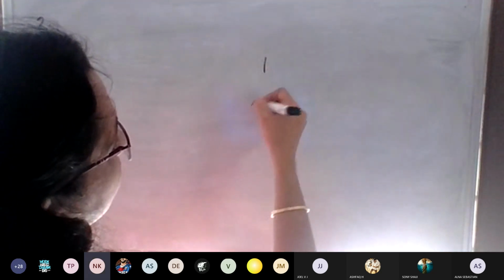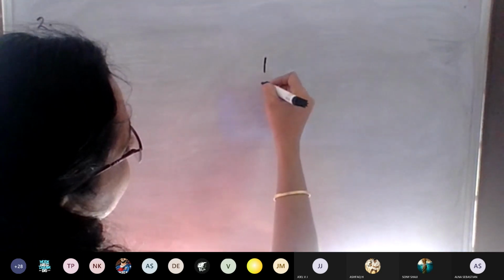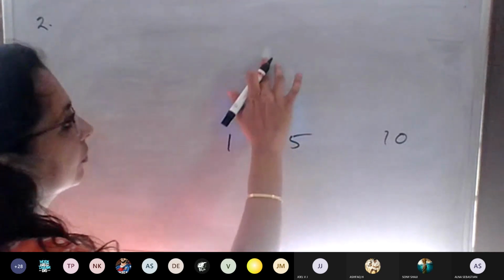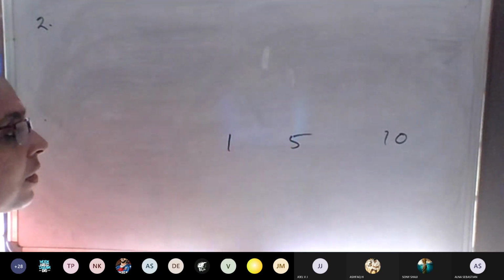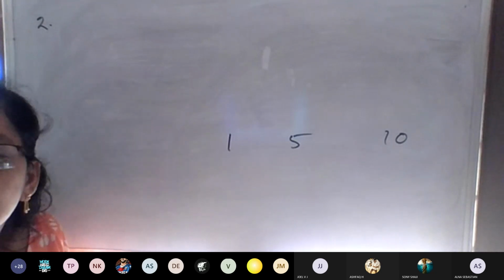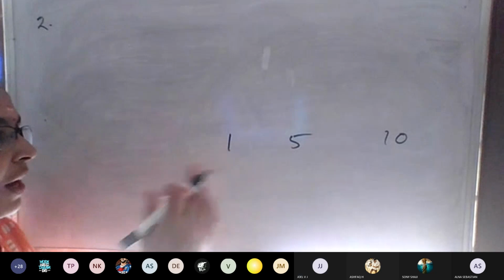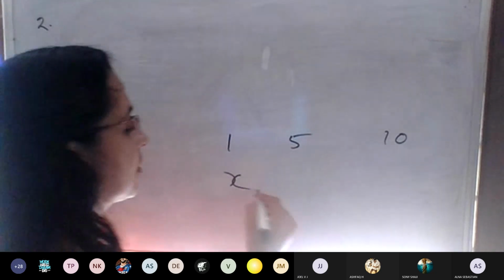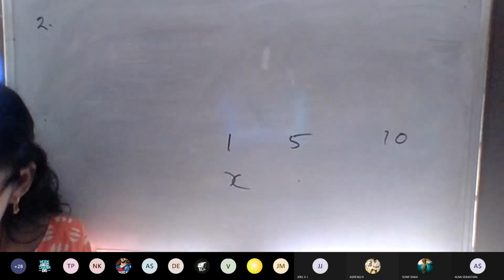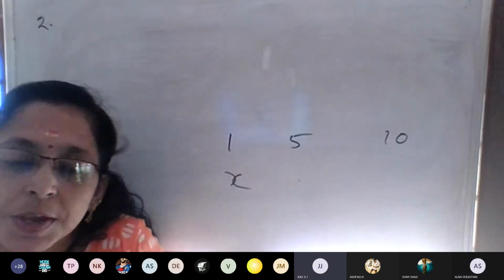Very easy way to represent differ by 5. Instead of taking x minus 5, if the numbers differ by 5, then if one is x, the next will be x plus 5.